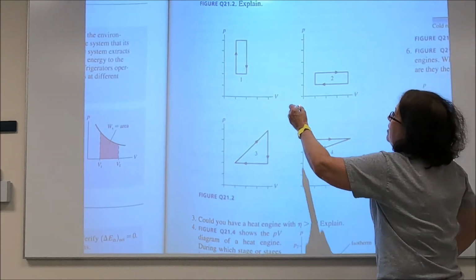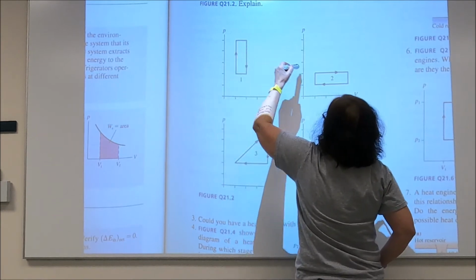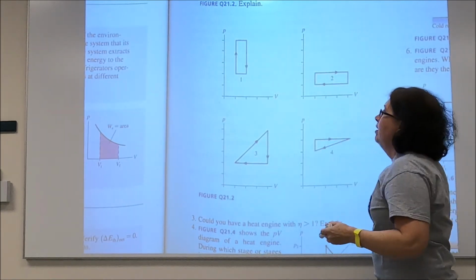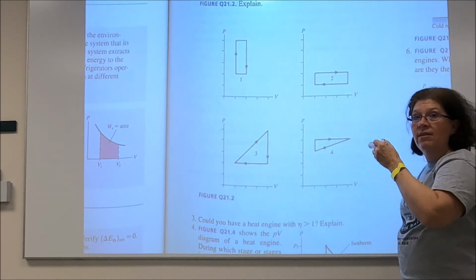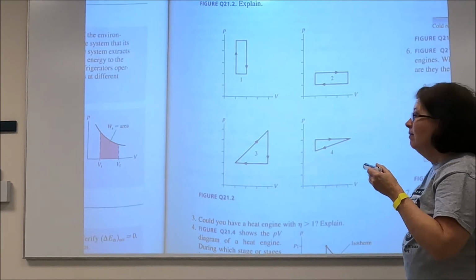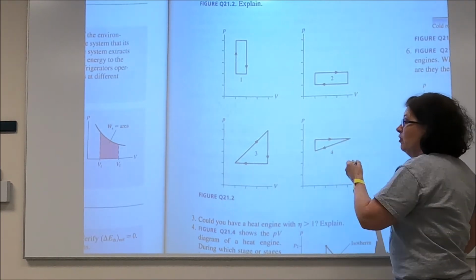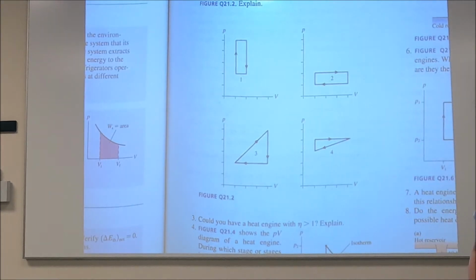One of the things I want you to notice here is that if I look at this PV diagram and we follow the arrows, you're seeing a clockwise cycle. Clockwise cycles are associated with heat engines. Counterclockwise cycles are going to be associated with refrigerators.